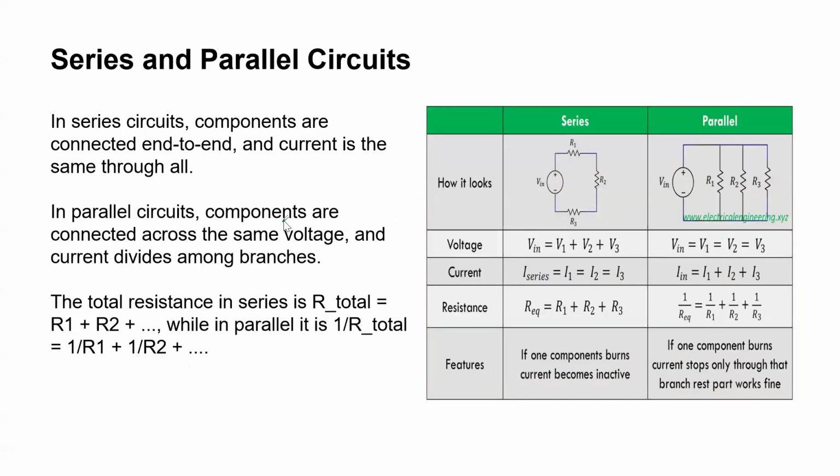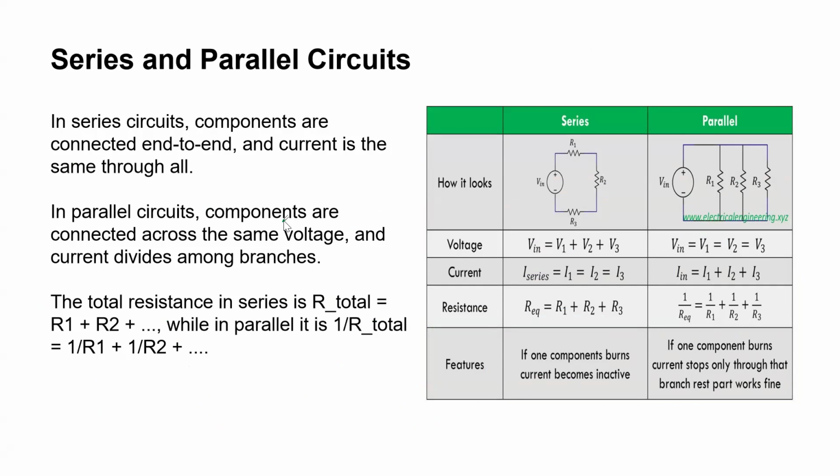Then the next thing is, of course, series and parallel circuits. So we have resistance in series and also in parallel. In series circuits, components are connected end to end and current is the same through all.